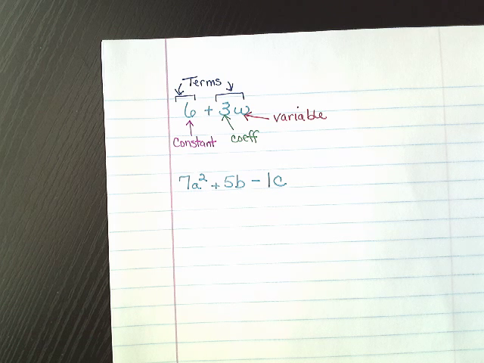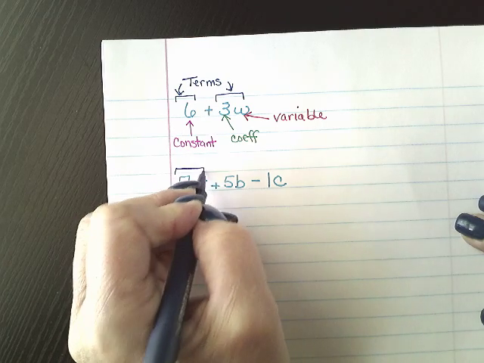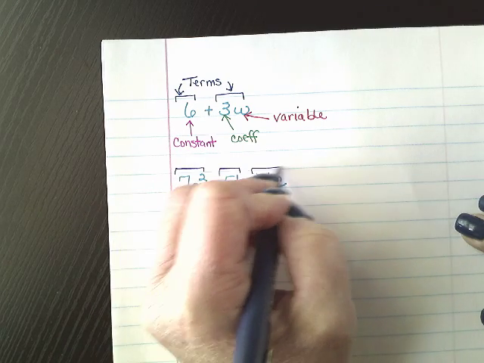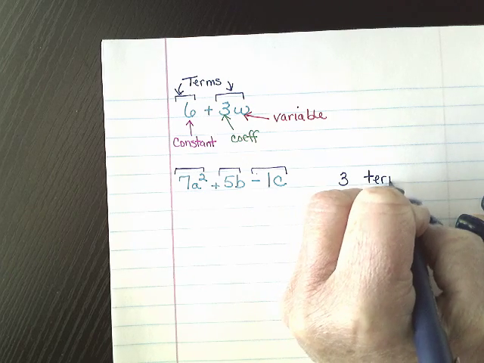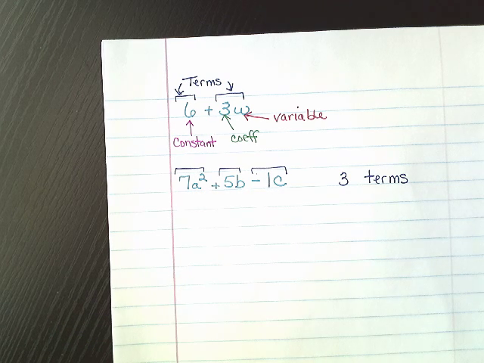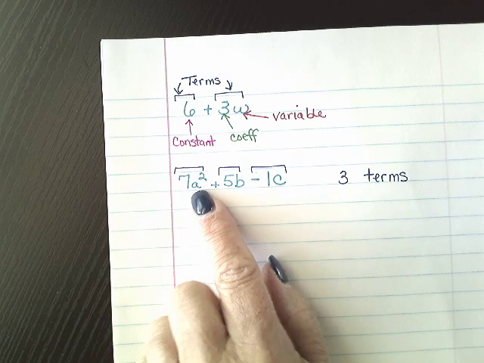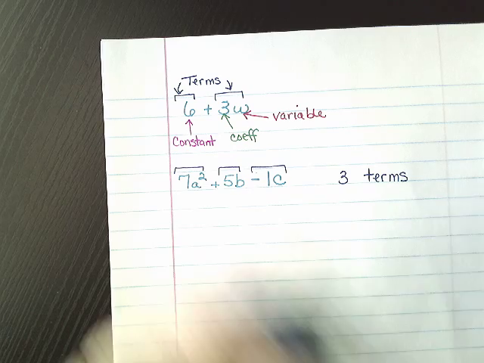Okay, so how many terms do we have? We have a plus and a minus sign. So we've got 1, 2, 3. So we have 3 terms. Alrighty, do we have any constants? This one has a variable, variable, variable. So we don't have any constants. Now how about coefficients?